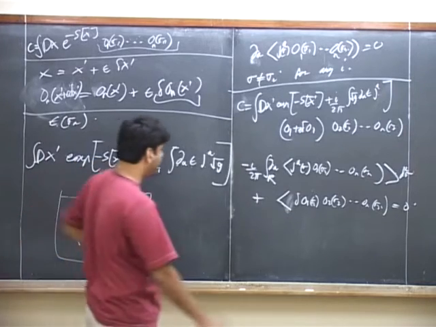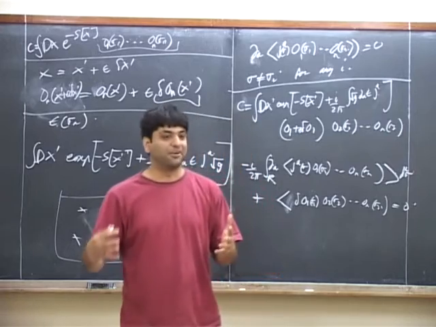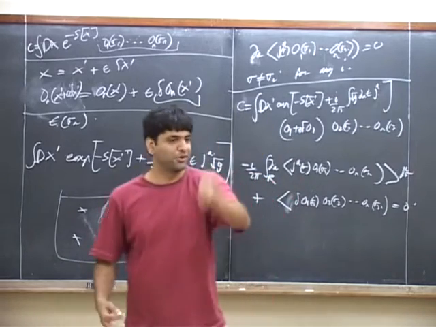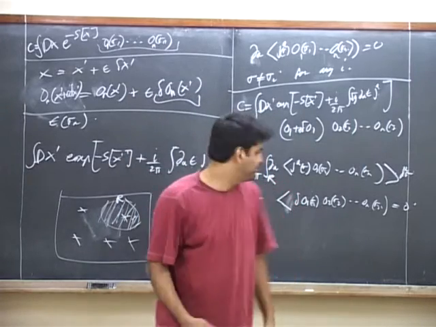Then the next step, we use Stokes theorem, the thing that takes the integral of a total divergence to an integral at the boundary.